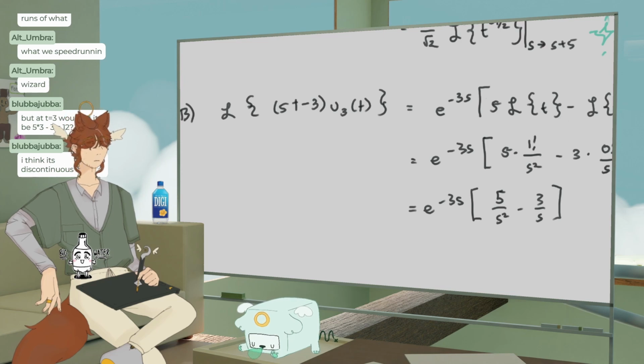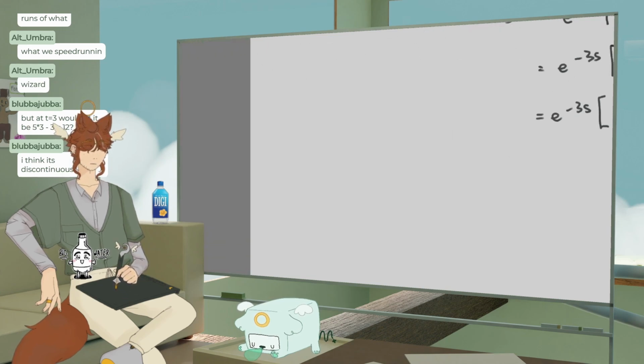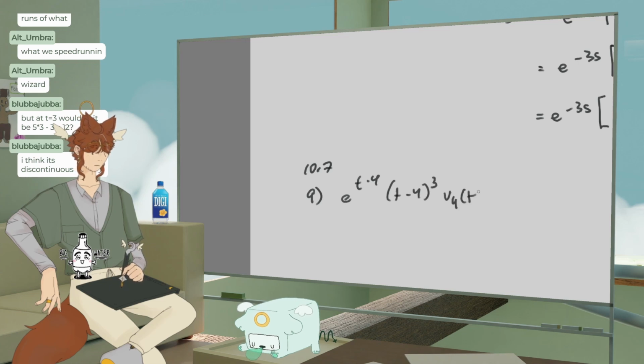Yeah, so, for example, this one. This is number 9 from 10.7. I'm using Goode and Annin, and it's like one of the... So like 10.7.9. This is e to the t minus 4 times t minus 4 cubed, unit step function of 4t.